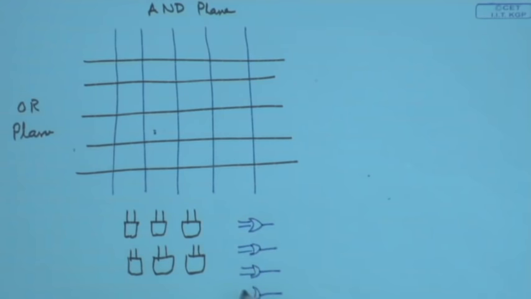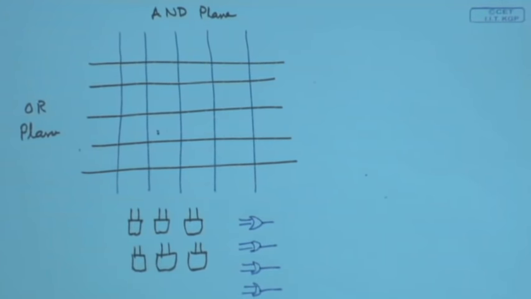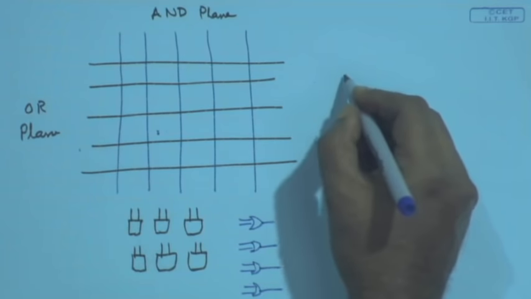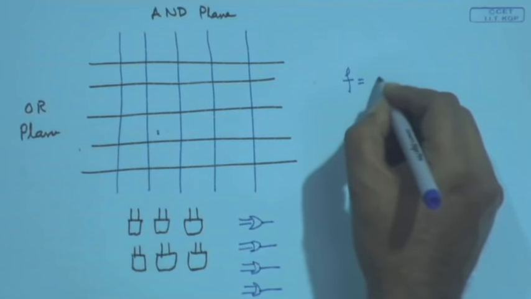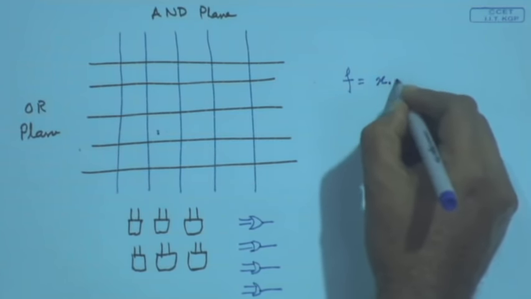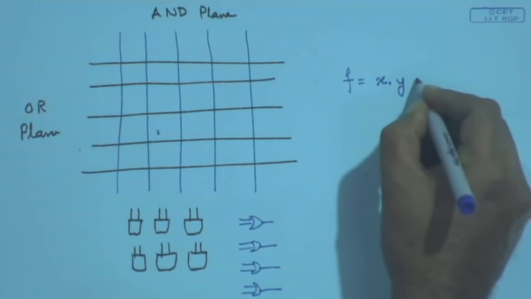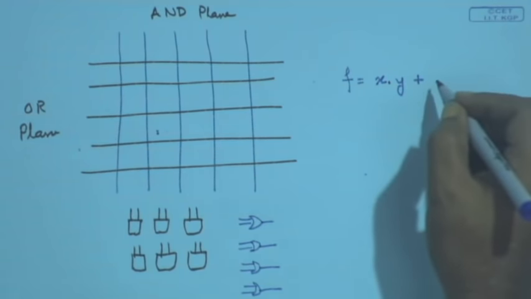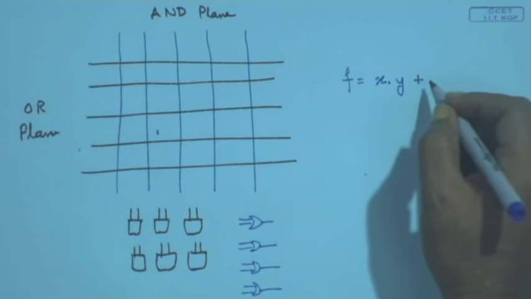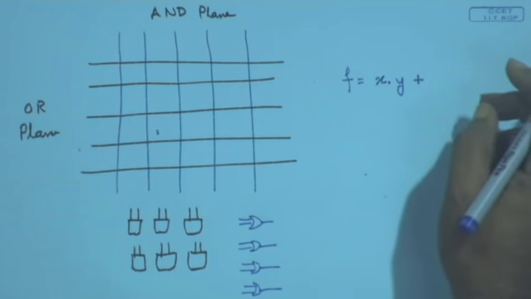Recall that any logic function we can write as a combination of AND and OR, as minterms, right.